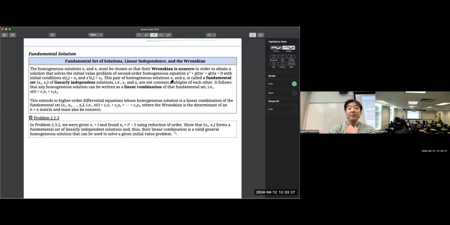And the reason they would span is because they are linearly independent, meaning they're not constant multiples of each other. You don't want them to be constant multiples of each other because you're already multiplying by arbitrary constants. So they'd be exact copies if they were constant multiples of each other. You need them to be different, and different means linearly independent.